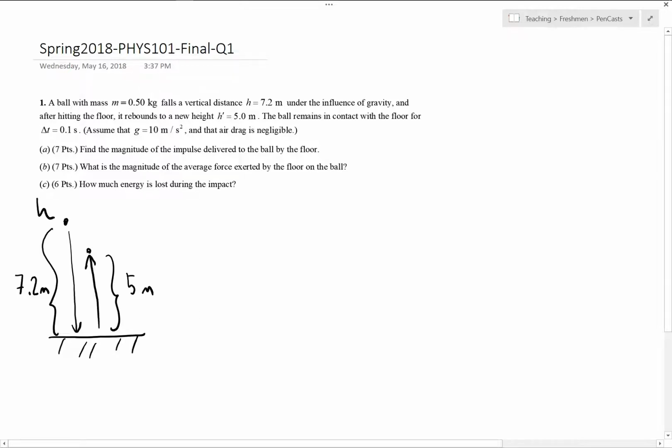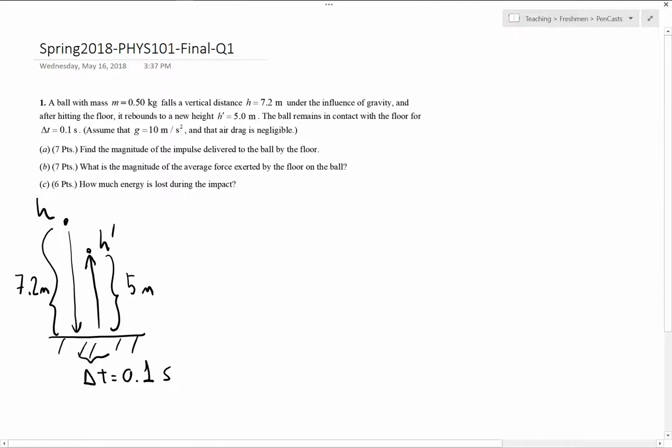So we call this H and this one H prime. The ball remains in contact with the floor, so basically its elasticity gives it a finite time for reflecting from this floor.